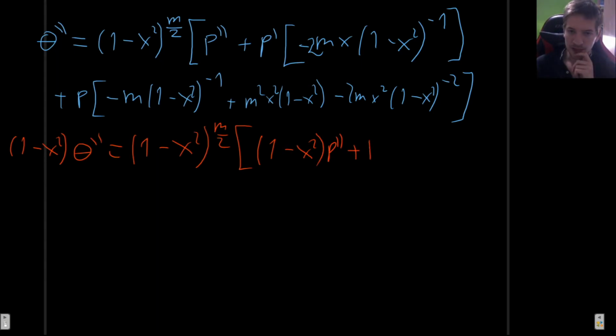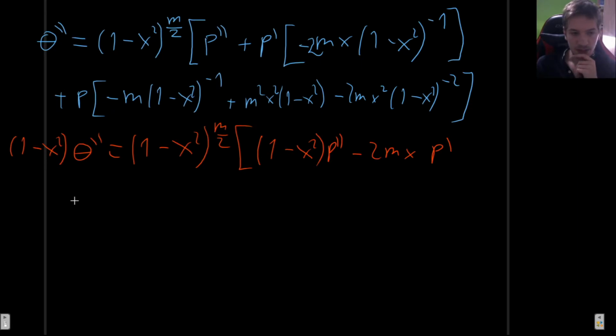And then we have plus p prime factor of minus 2mx, and this here cancels out. So basically this is just going to be minus 2mx p prime. Okay, so it's already looking better.